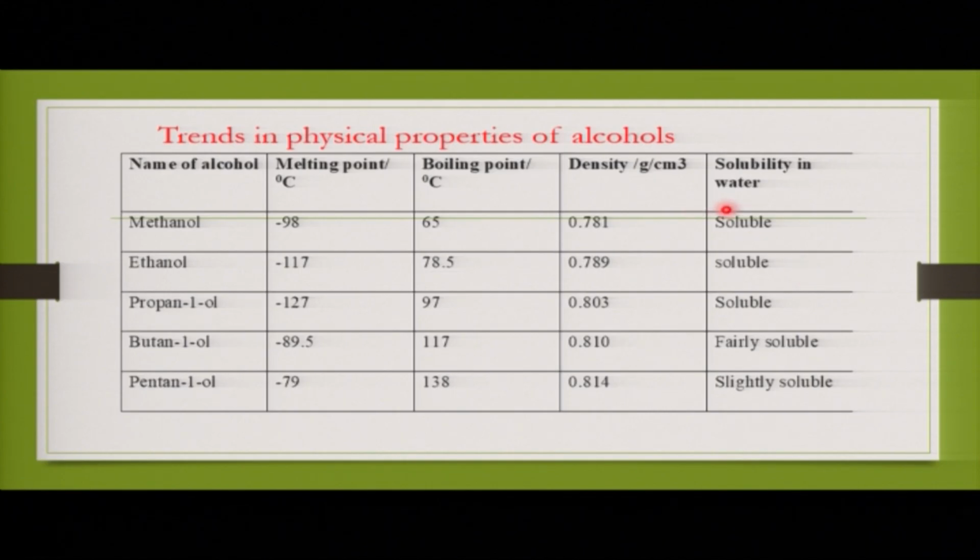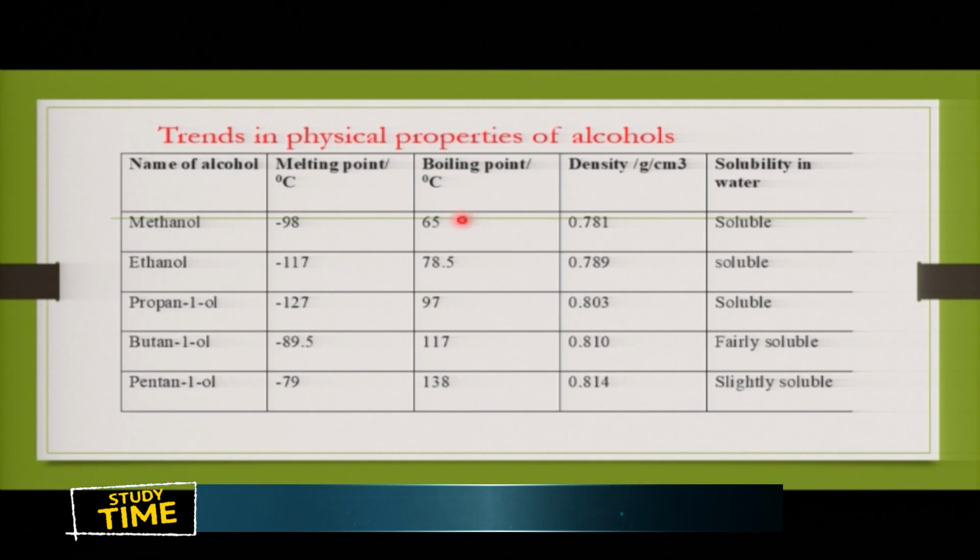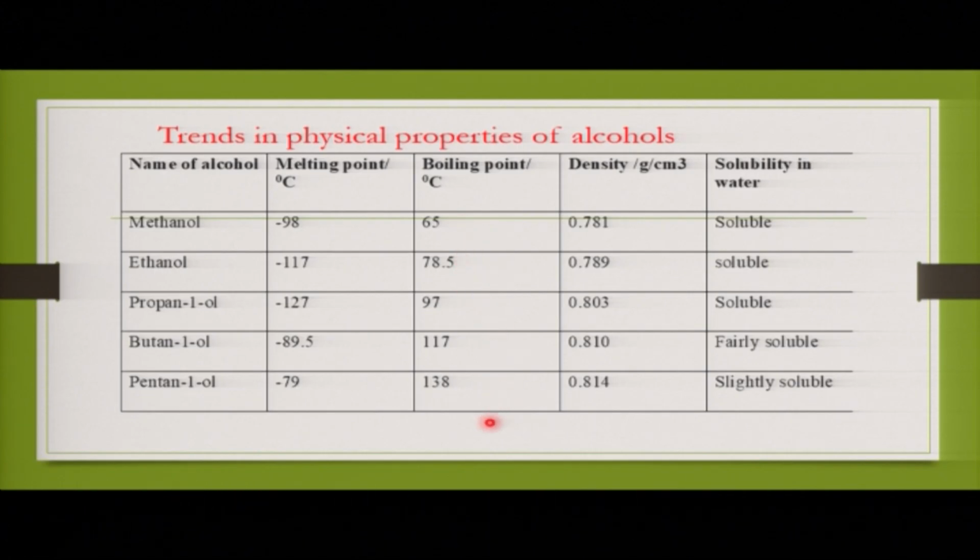So that is why we have soluble, soluble, soluble, fairly soluble, fairly soluble. As you go down, you will have insoluble. The boiling point also follows that order. As the carbon atoms increase, the boiling point will also increase.